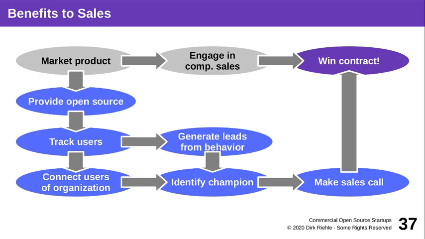Companies know you, you know them long before the actual sales situation emerges on a large scale. And when the competitive sales situation happens, you're prepared to sell better and more effectively.